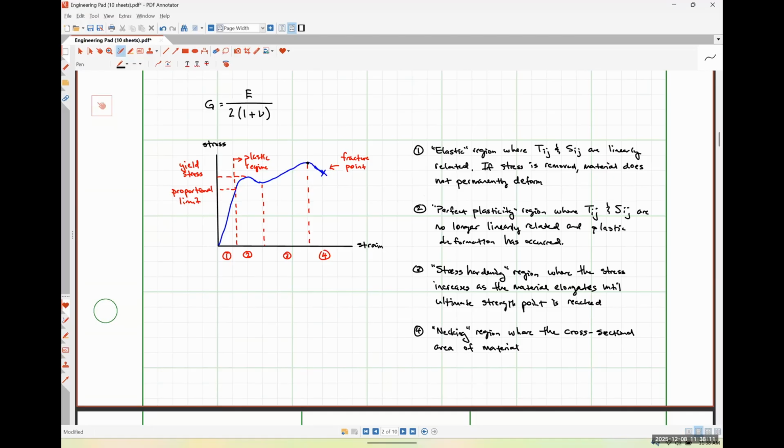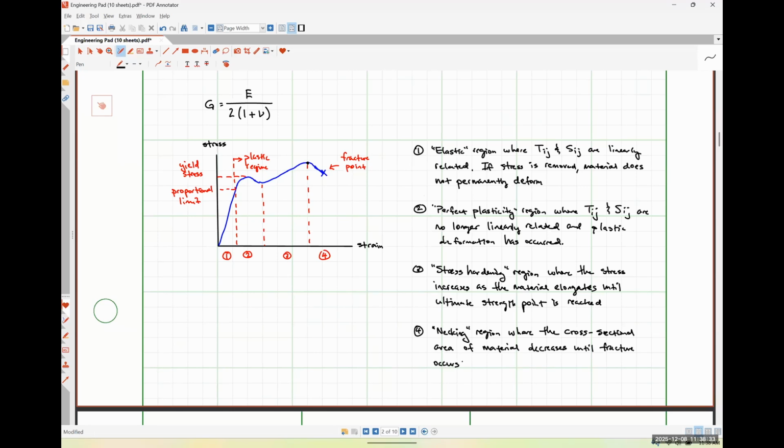It decreases until fracture occurs. Necking? Yeah, necking.